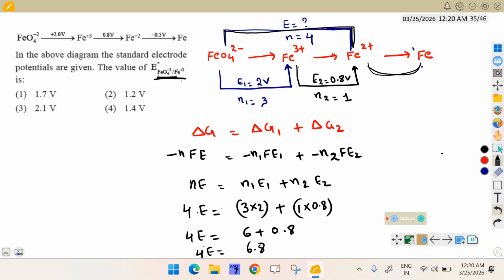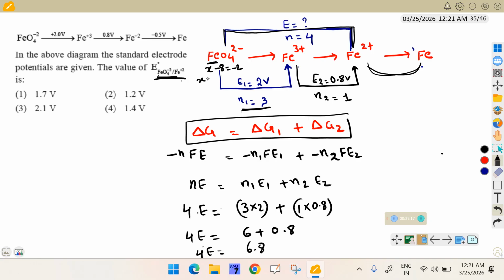Using Gibbs free energy, delta G is equals to minus nFE. Delta G is equals to delta G1 plus delta G2. Substitute the values. N1 value 3. How N1 value is 3? Here calculate the oxidation state of iron in FeO4 2 minus. X minus 8 is equals to minus 2.